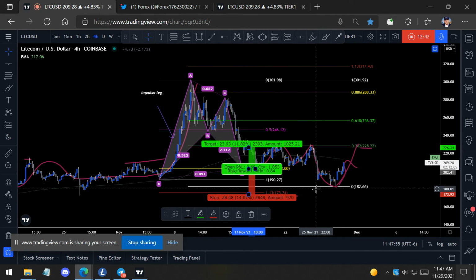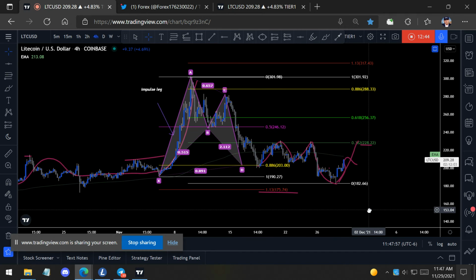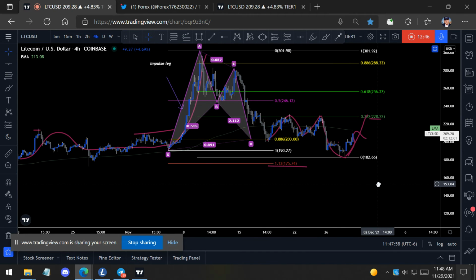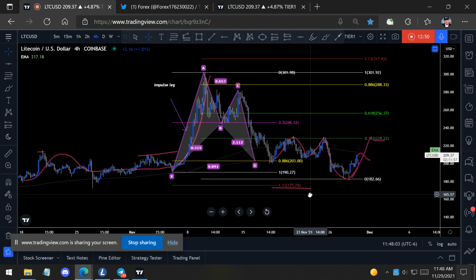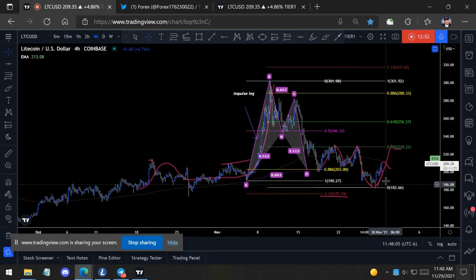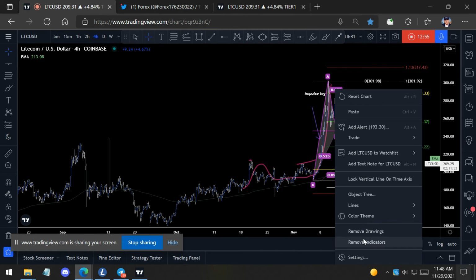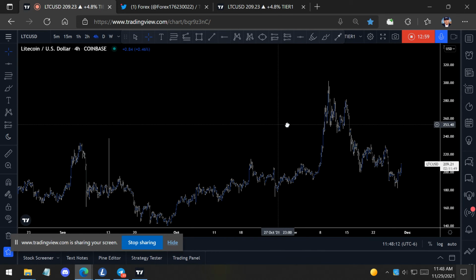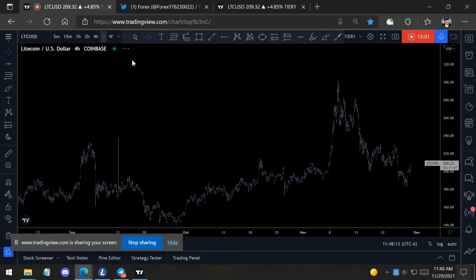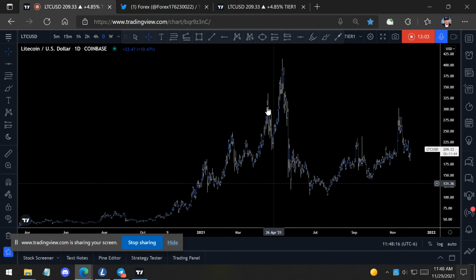Okay, so if that's the bullish bat formation, I'm just always looking for those 3-point moves. I know that I've got one here.